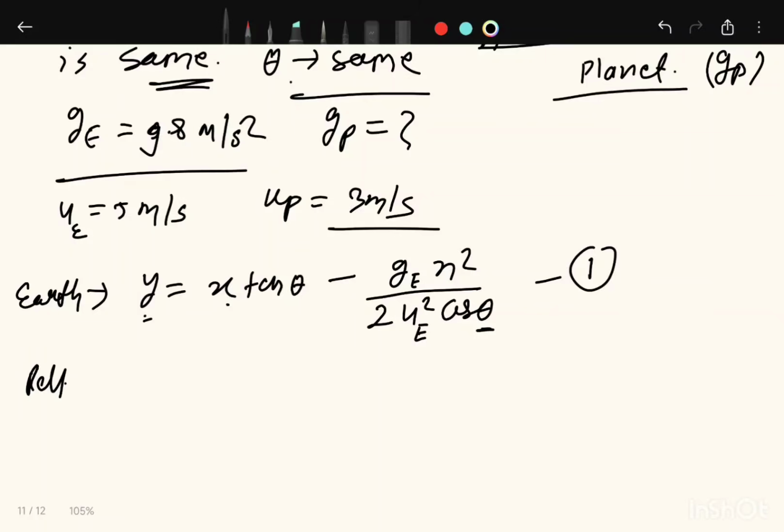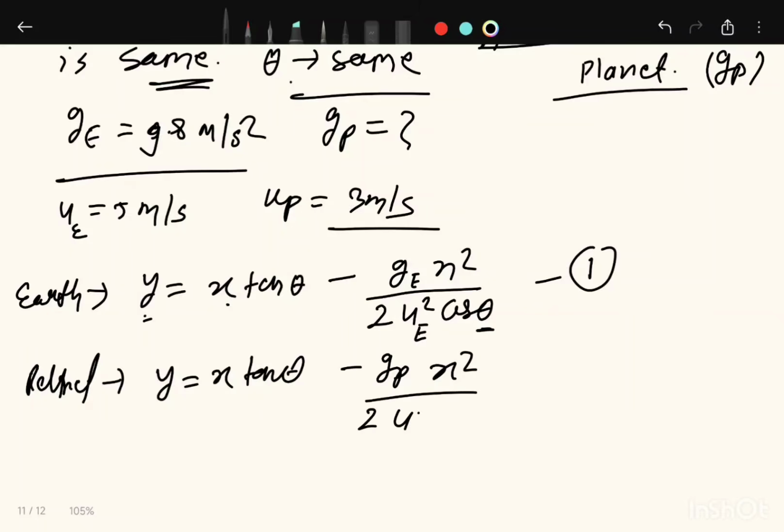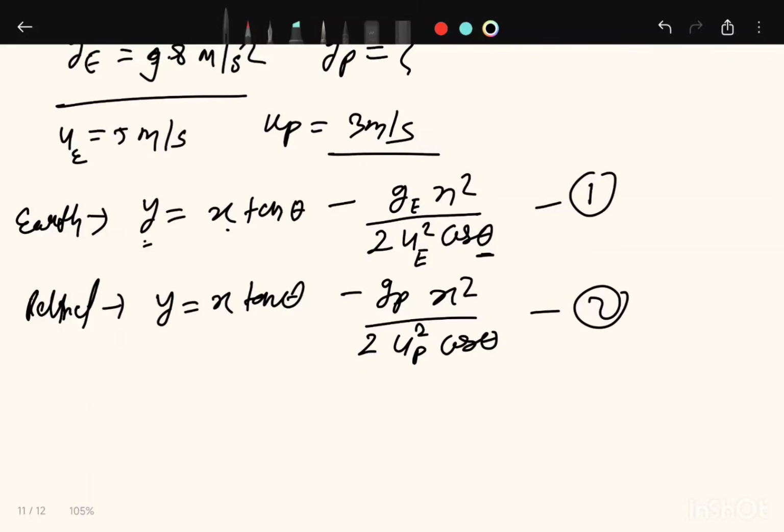If you write the same trajectory equation for the planet, it will be y equal to x tan theta minus Gp x square upon 2 u square p cos square theta. That will be equation 2, yes. Now you see, if we equate equation 1 and 2, this part will be cancelled out.